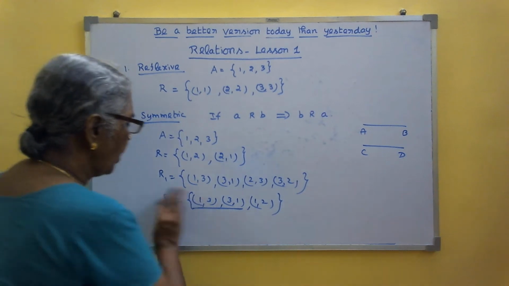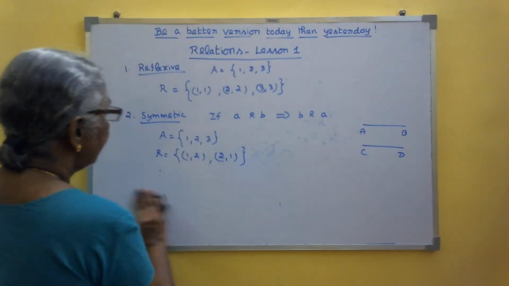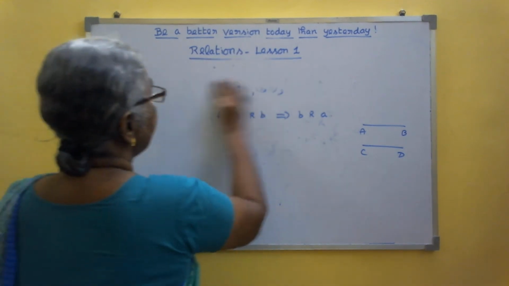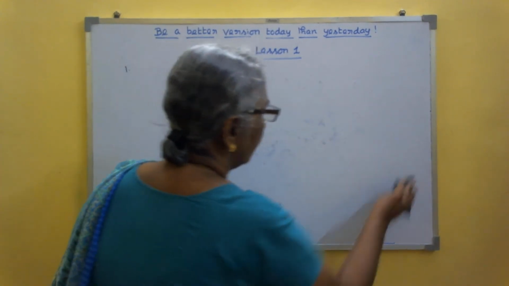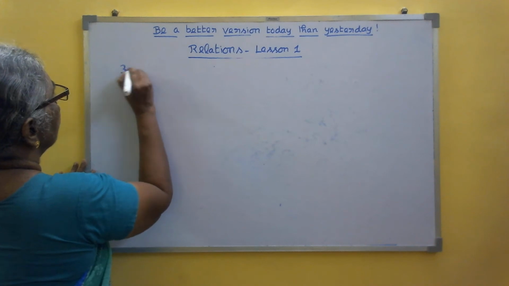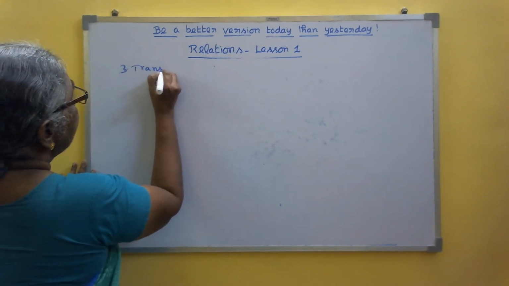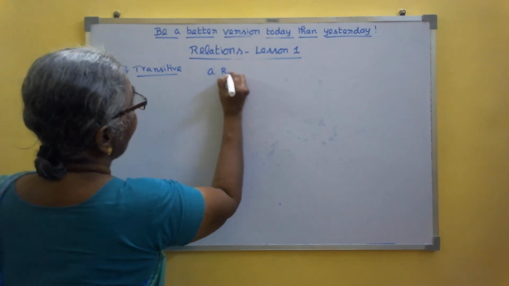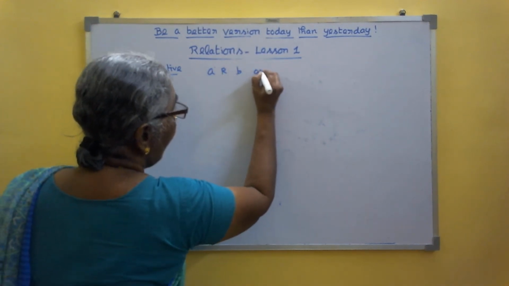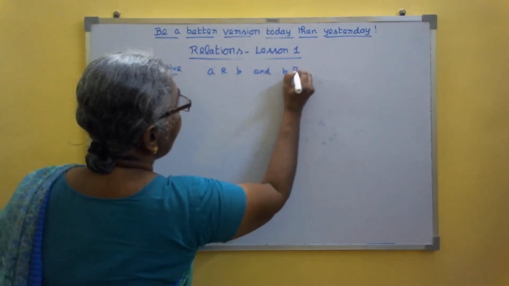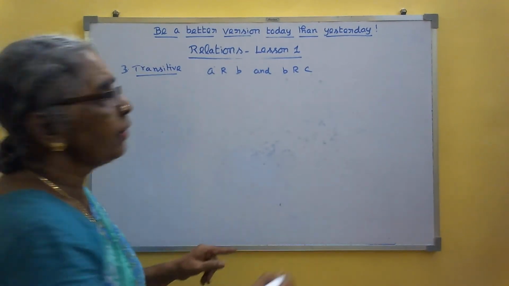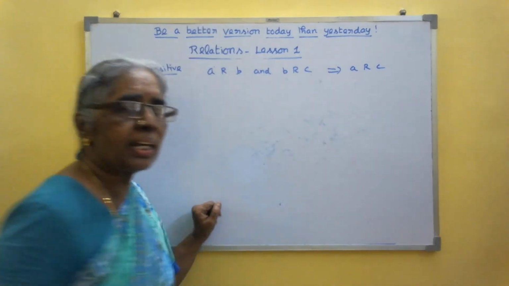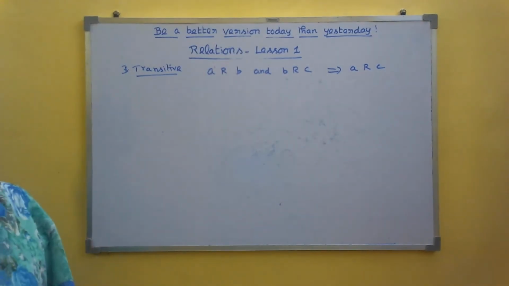Now, let me move on to the third one, that is transitive. Okay, the third one is transitive. Transitive actually I can define as supposing some A is related to B and B is related to C, if that implies A is related to C, I can call that relation as transitive.